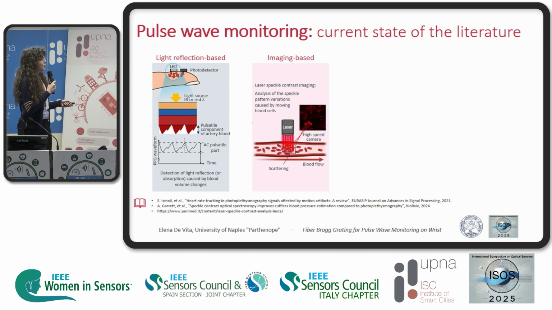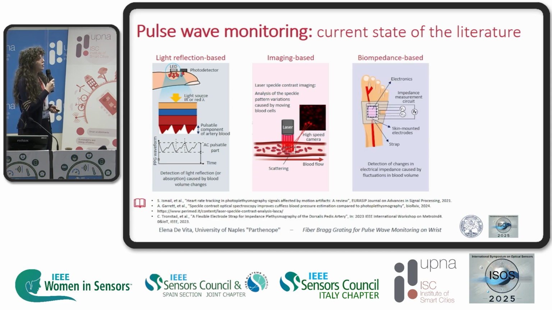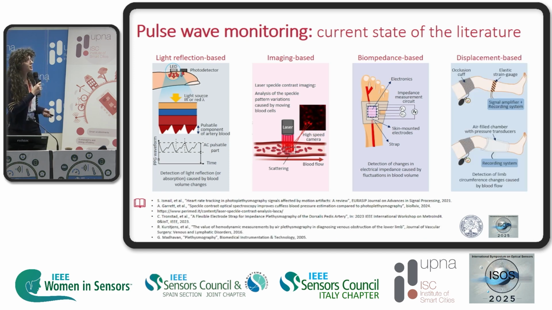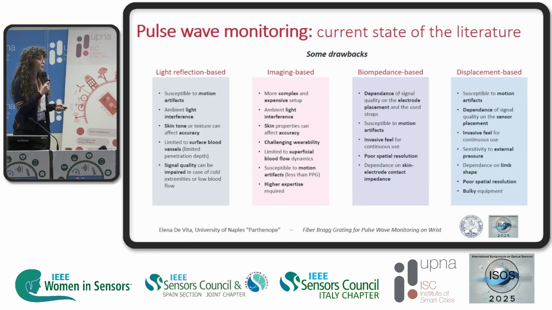Then we can also have imaging-based techniques like laser speckle contrast imaging, bioimpedance-based techniques to measure the electrical impedance variations due to the blood volume changes, and also displacement-based techniques like the ones which are based on the use of strain gauges.